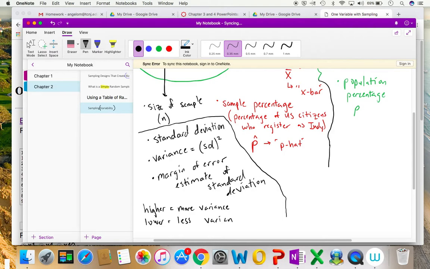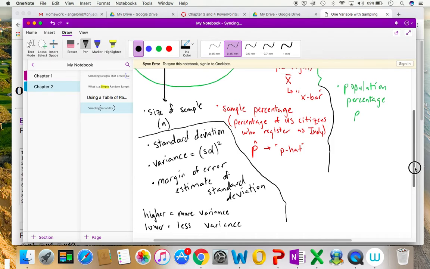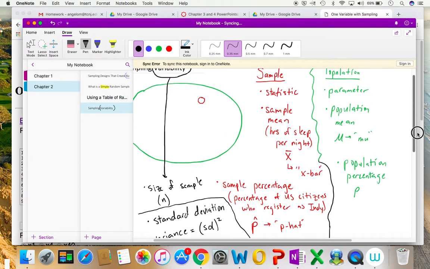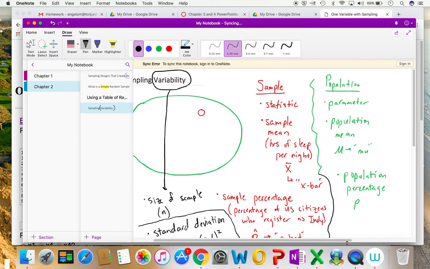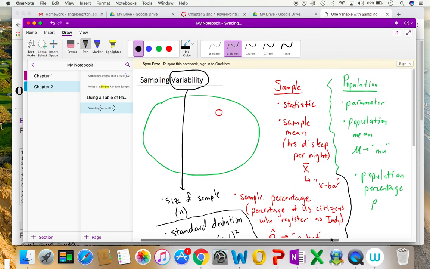Those are some of the terms in play here that we're going to use in our explanation. The more you understand, the better and easier it's going to be. Let's go back up to our visual here, a graphic way to explain sampling variability. Say here's our first sample.